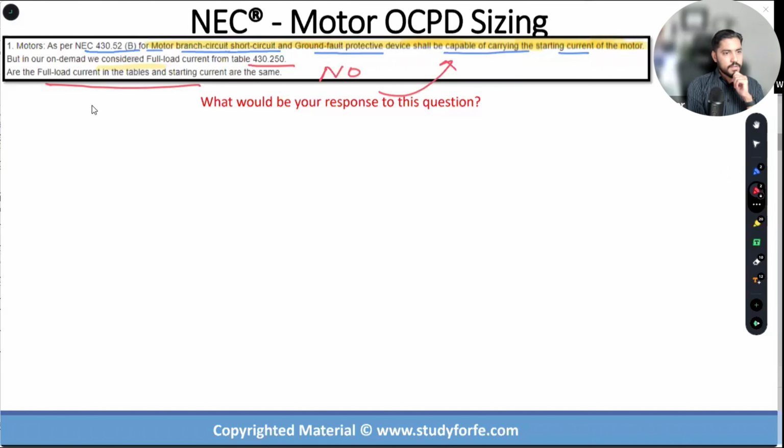There is. And that is called protective device coordination. Agreed?